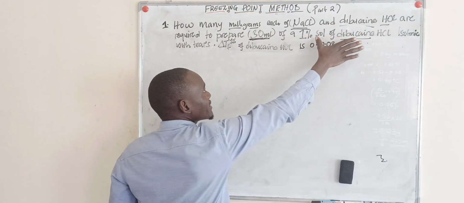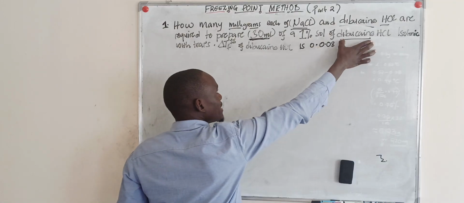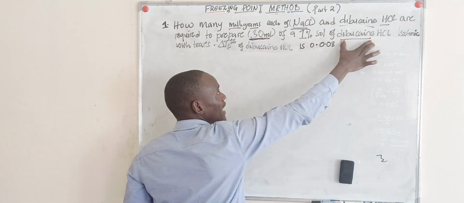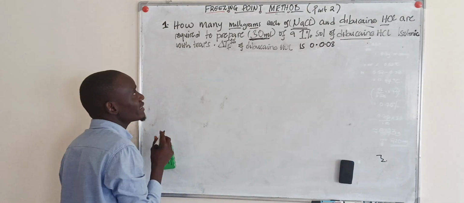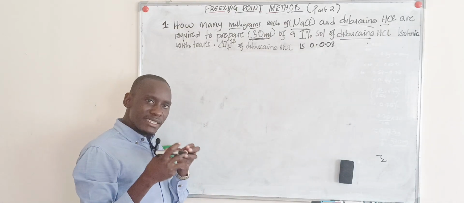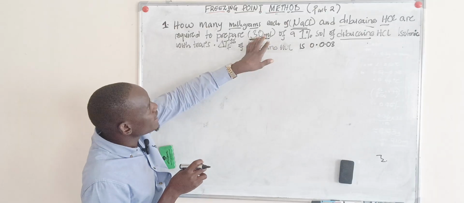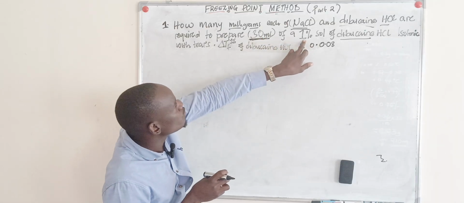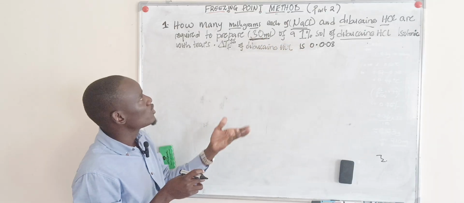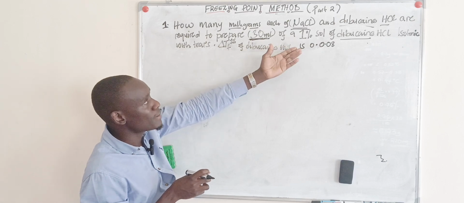They have given us the freezing point depression of the 1% solution of butyl hydrochloride. So the first thing we are going to do is to calculate how much quantity of butyl hydrochloride is required to render this solution isotonic with blood plasma.